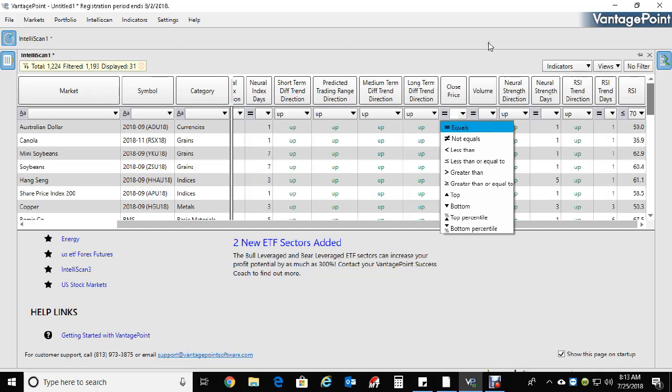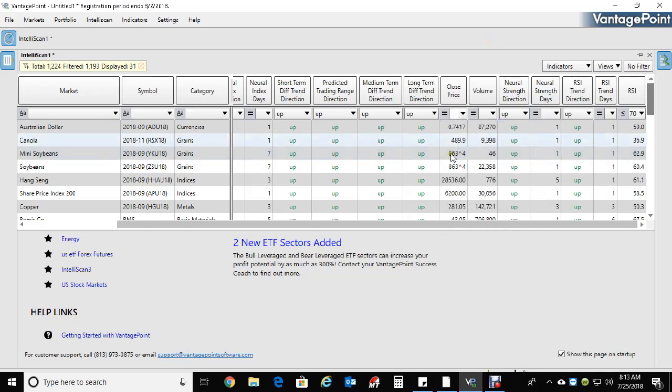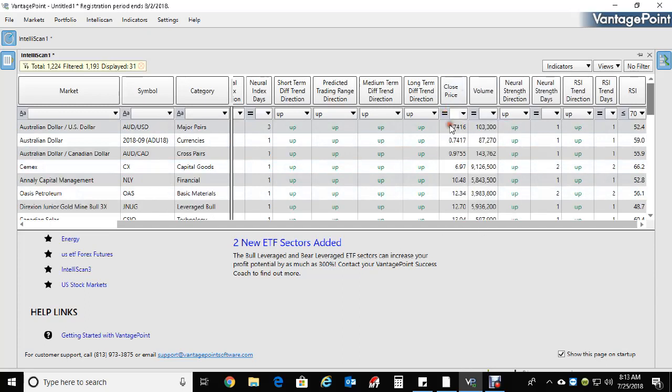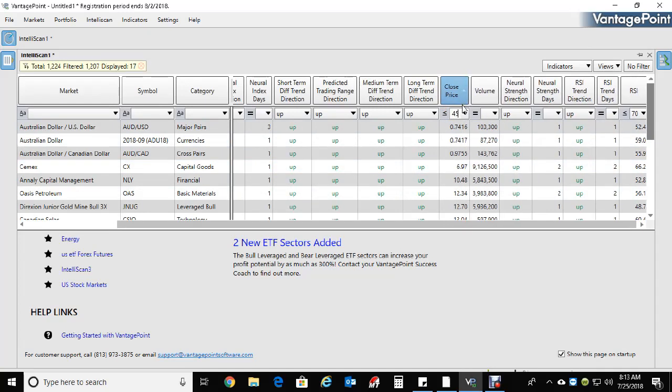If we leave it blank, we'll be able to simply look at it, because if you see over here, you have the future contract price as well. If we change it to less than or equal to, it's going to eliminate other ones. You can do that, and then it's going to show you the ones that are less than or equal to $45.